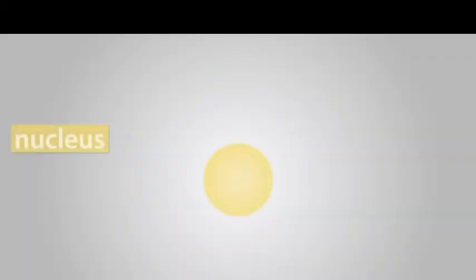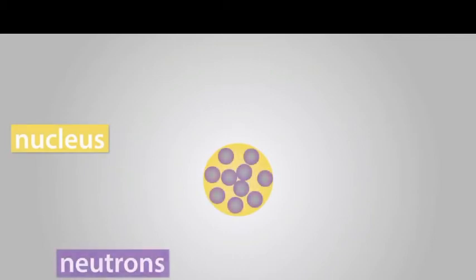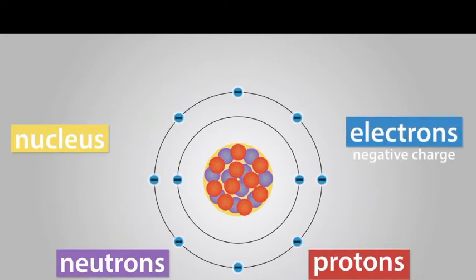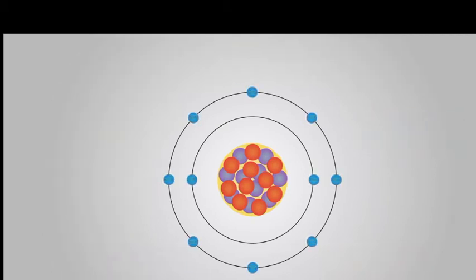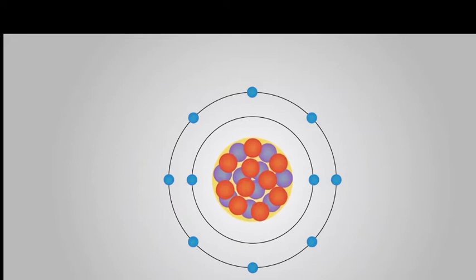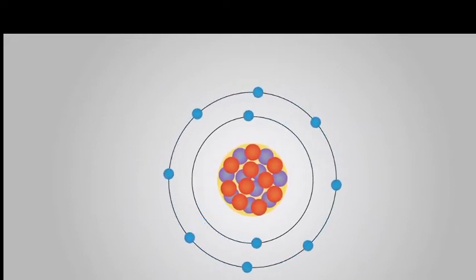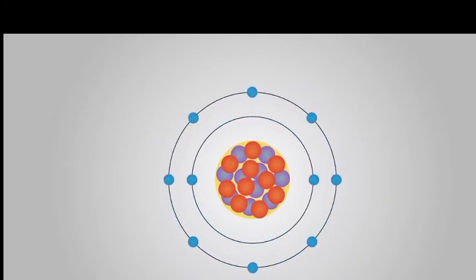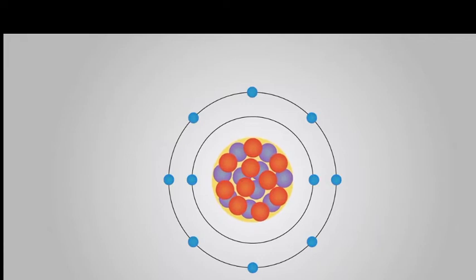The protons, which are present inside the nucleus, consist of positive charge, and the electrons, which are revolving around the nucleus, consist of negative charge. The neutrons, which are present inside the nucleus, do not contain any charge; they are neutral. So, among these particles, the protons have positive charge and the electrons have negative charge.